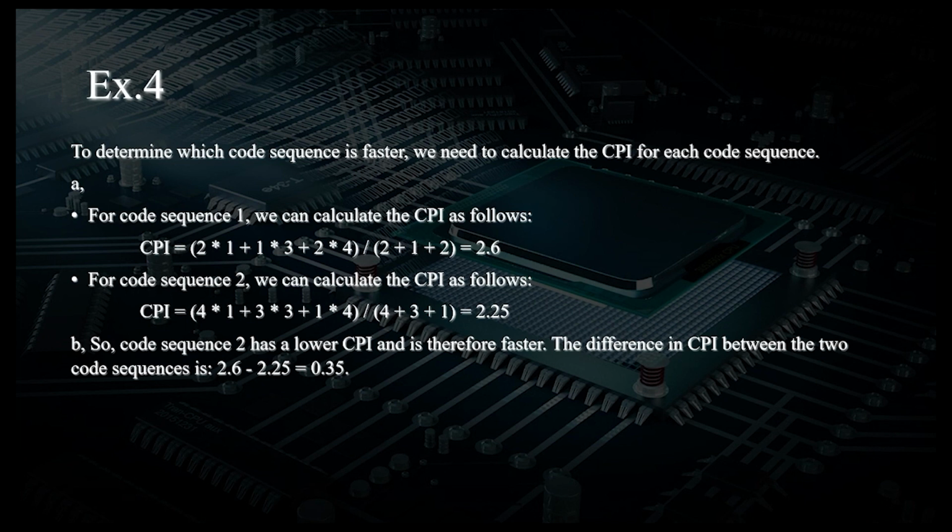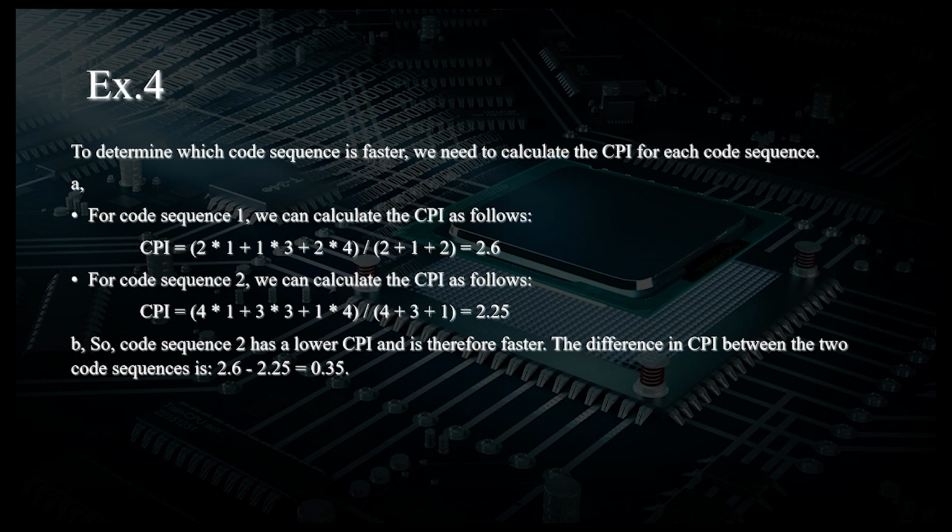I'm going to tell you about the solutions of exercise number 4, exercise number 5, and exercise number 6. With the solution of exercise 4, we have to determine which code sequence is faster. We need to calculate the CPI for each code sequence. For code sequence 1, we have the equation to calculate the CPI as follows.